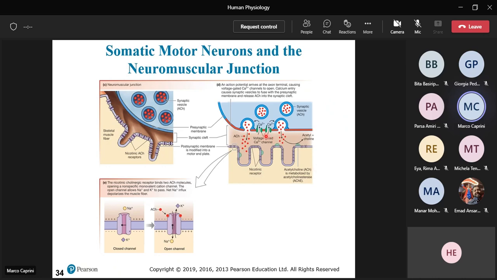The release of acetylcholine from the presynaptic structure, from the motor neuron, always creates an end plate potential and a muscle action potential. The EPP always reaches the threshold and initiates a muscle action potential.